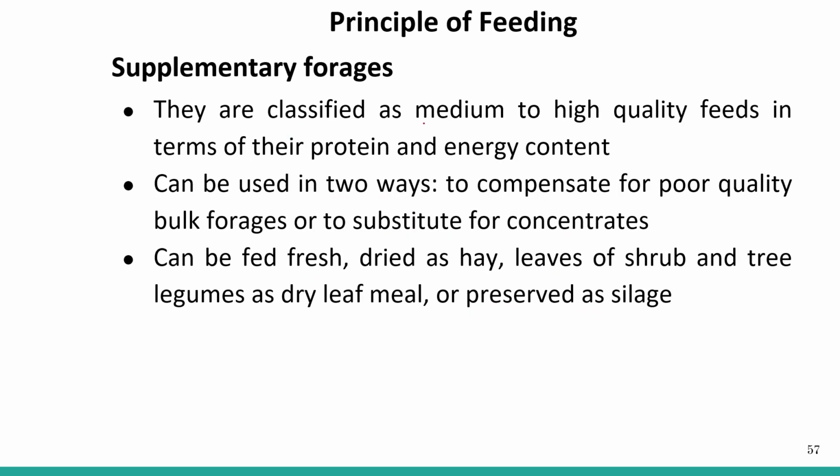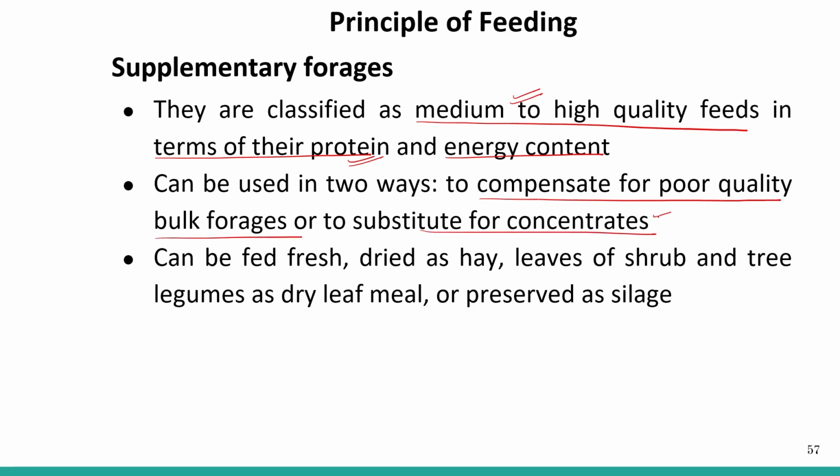They are classified as medium to high quality feeds in terms of their protein and energy content. They can be used in two ways: to compensate poor quality bulk forage or to substitute for the concentrate.